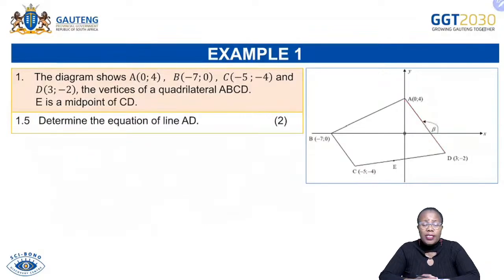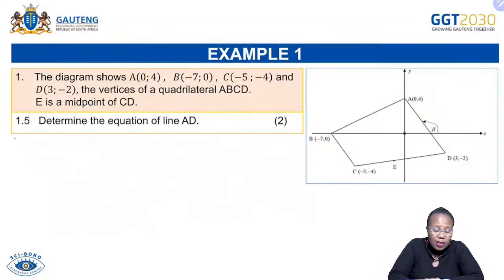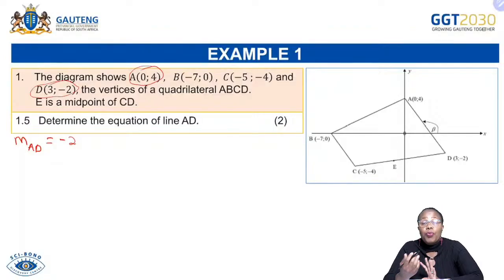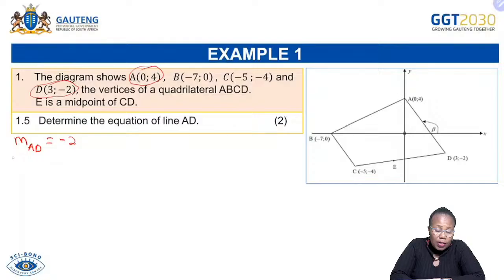And now we are determining the equation of the line AD. We are still on line AD. We do have the gradient of that line, which we calculated above as -2. And remember, AD lies between A and D, so you can choose any point. Let's say this learner chooses A, then uses the equation y = mx + c.